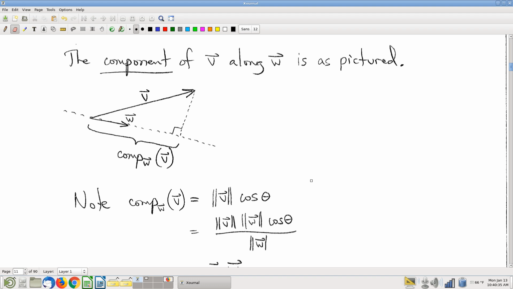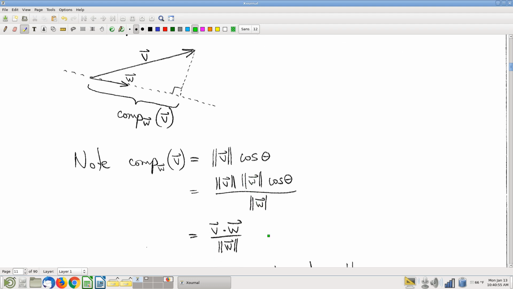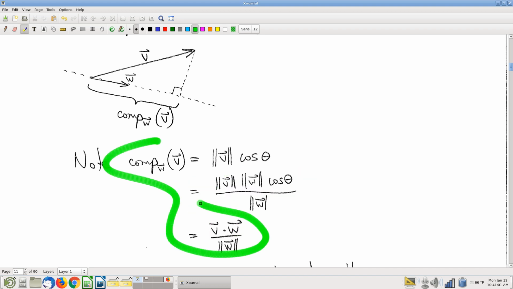Having written that down, another little clever move that's very useful in math sometimes, I'm going to multiply and divide by the same thing, because that's legal, right? I'm multiplying by 1. Having done that, notice that my numerator is now exactly the dot product, and we have ourselves a very compact and convenient trigless formula for how to compute components.